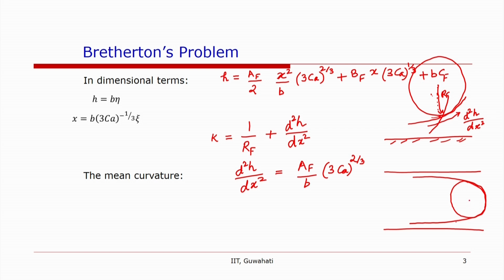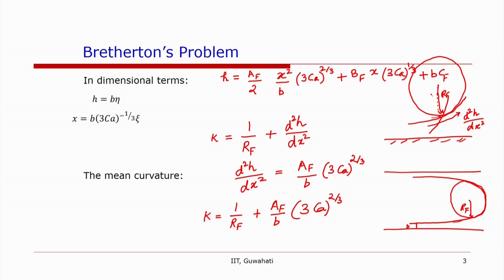In this region where we are analyzing, the curvature is almost spherical, and the mean curvature is 1 over Rf plus Af by b (3Ca) to the power 2 by 3, where Rf is the radius of the front of the bubble, and Af is a constant, b is the film thickness here, which is a constant, and the capillary number is also a constant.